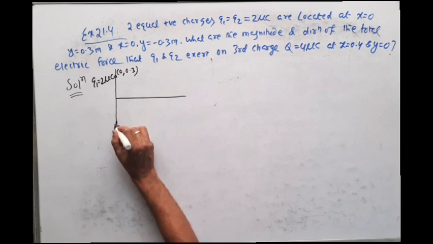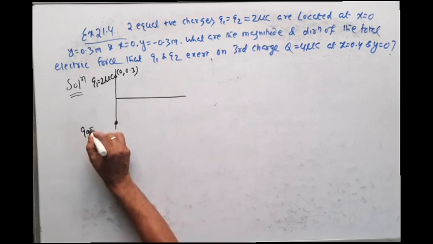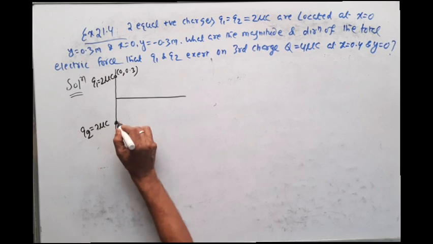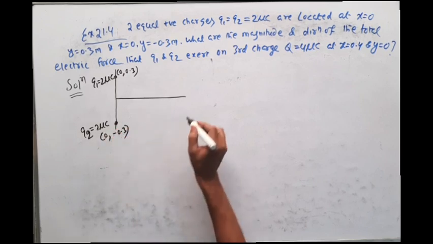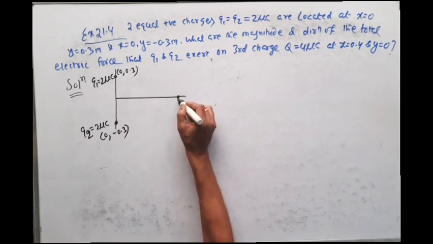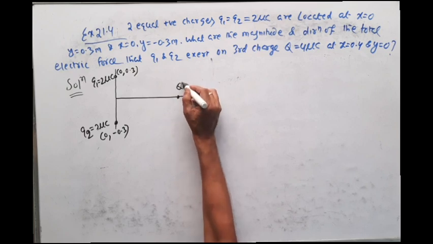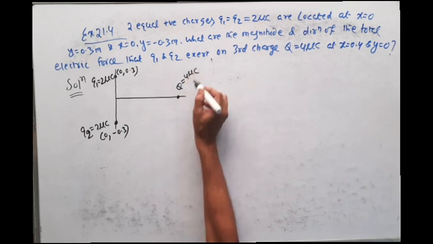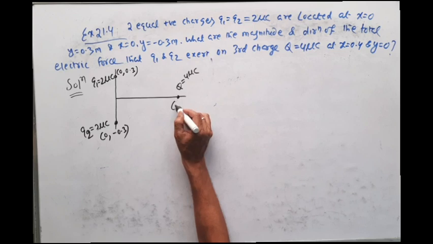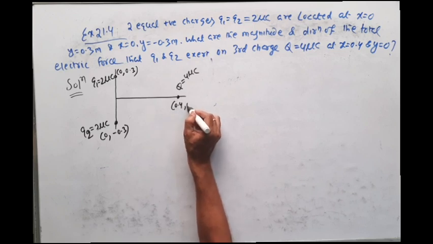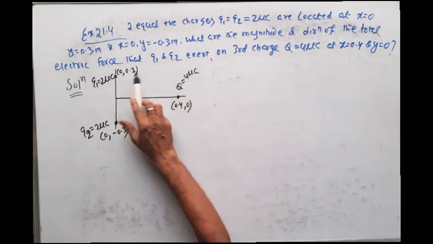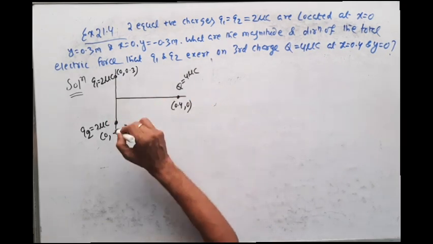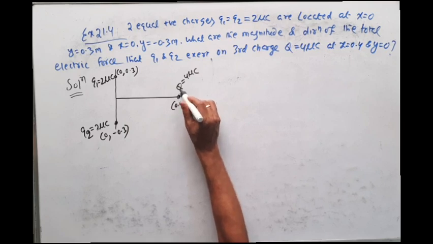Another charge is Q2, also 2 microcoulomb, at 0, minus 0.3 meter. And you take another charged particle Q of 4 microcoulomb, at x coordinate 0.4, y coordinate 0. The question is, you have to find the electric force by Q1 and Q2 on this Q charge.